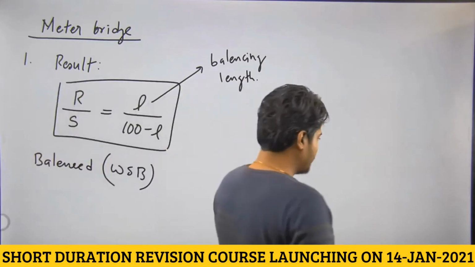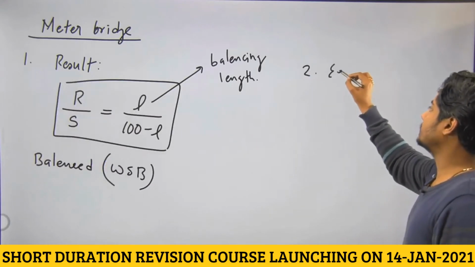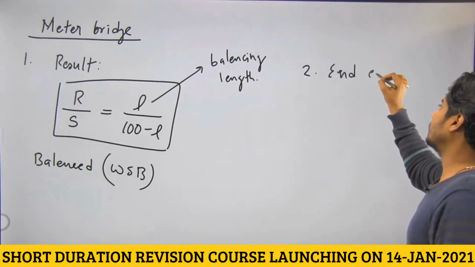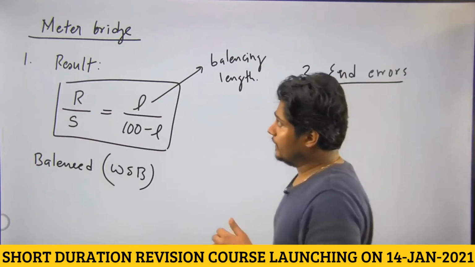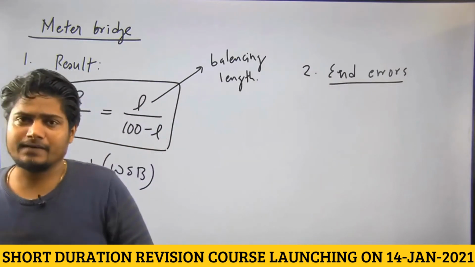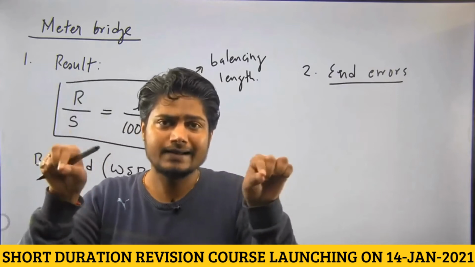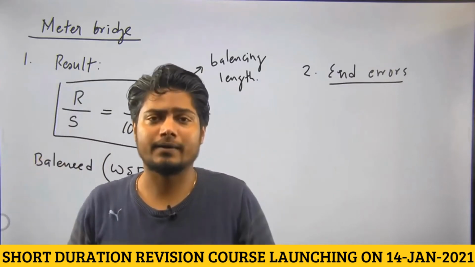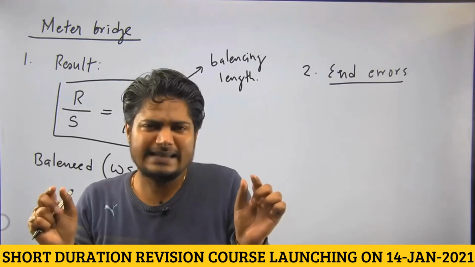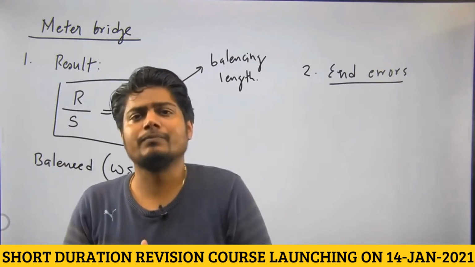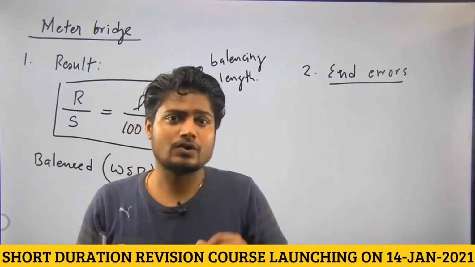The second thing which you can add over here is end correction or end errors. So, basically in meter bridge, sometimes we also have to consider the resistances of the windings at the end of the wire, because at the end we generally make many turns which might increase the length of the wire a little bit. So, we need the end correction on both the points.